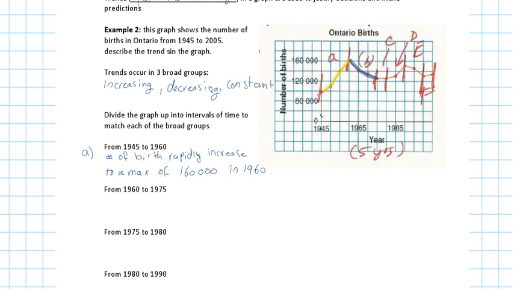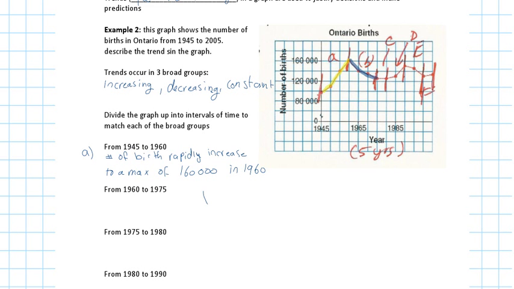So we can explain right now and say that from 1960 to 1975, what do we see? A rapid decrease at first, but then it slowly decreases after that, no? If you look at the first part, from 1960 to 1965, we see a rapid decrease, and then after that we see a much slower decrease, right? It looks like this, right?